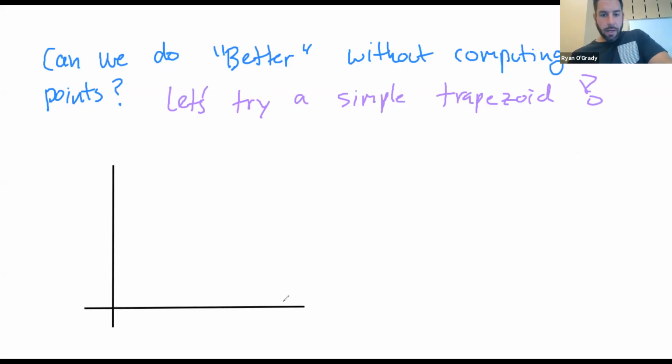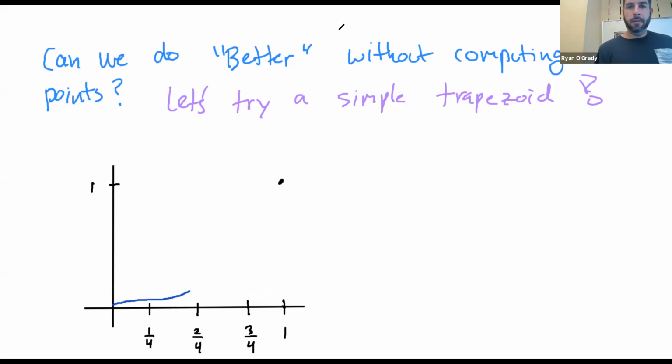If I draw my x squared, my quadratic again, let's break this into 4 pieces like we know we're supposed to. This is 1/4, this is 2/4, this is 3/4. Let's get our blue and graph it.